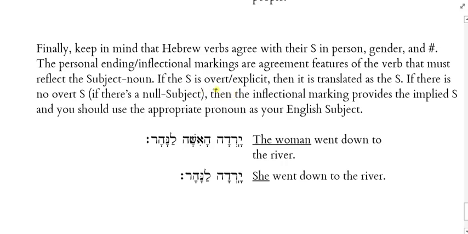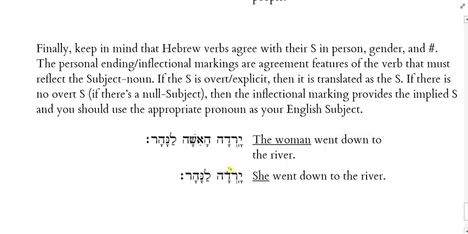Now, if the subject is overt or explicit, then it's going to be translated as your subject in the English sentence. If there is no overt subject, though, that is to say, if you have a null subject, null means not there, it's not explicit. If you have a null subject, not an overt subject, then the inflectional marking provides the implied subject, and you should use the appropriate pronoun as your English subject.